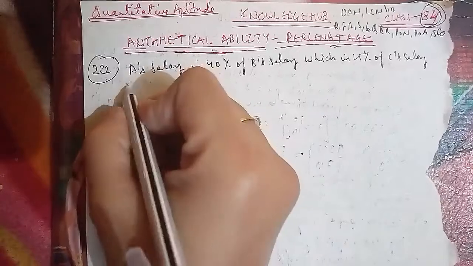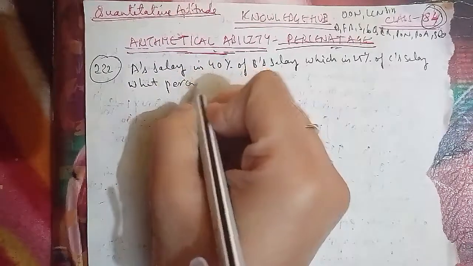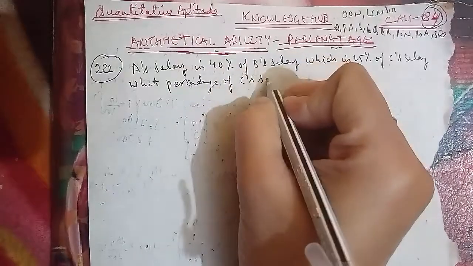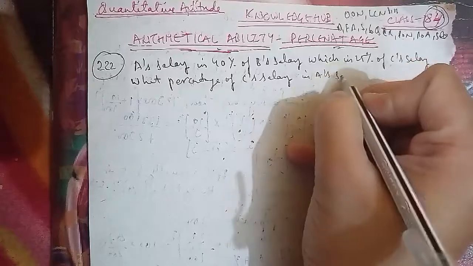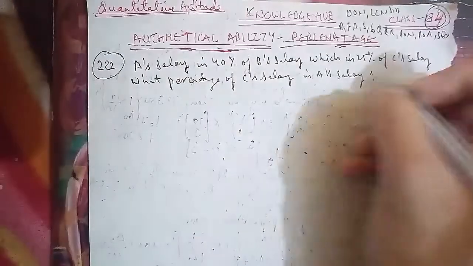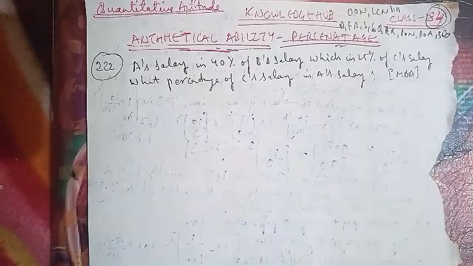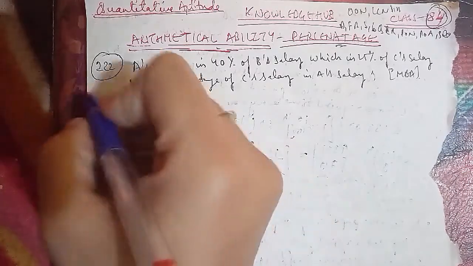What percent of C's salary is A's salary? This has been asked in an MBA examination paper. The options, as I told you, are 5%, 10%, 15% and 20%. So we go ahead and find the solution here.